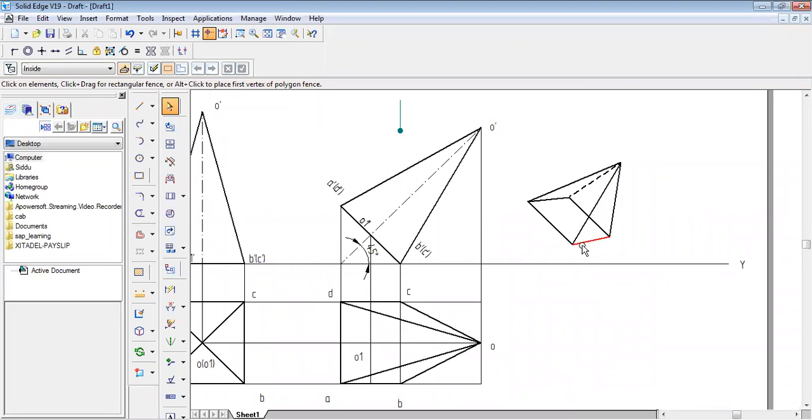For the imagination purpose, I brought it here. So let us assume it is resting over an edge. When I'm looking from the top, the edge on which it is resting, that is BC, is going to be unseen. So blindly, you need not worry. You just connect it with a thick dash line because it is resting on the edge.